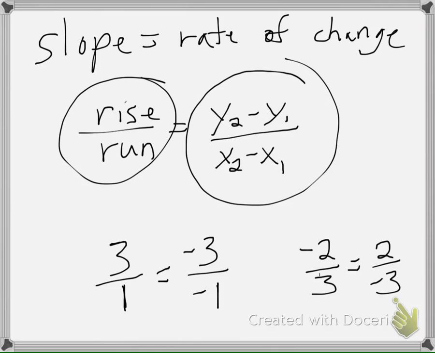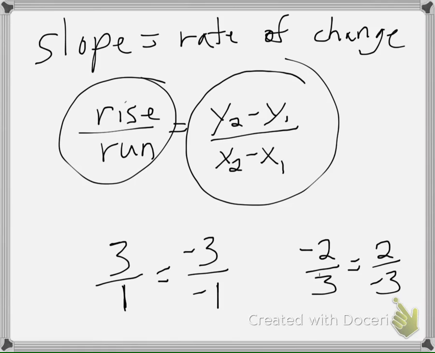It doesn't matter which one, because going up and to the right is the same thing as going down and to the left. Either way, you're getting to the same points, right? Same thing is true down and to the left and up and to the right also get us to the same point. So, positive slope is the same as a negative divided by negative. Negative slope is a negative divided by positive, or positive divided by negative. So you need to know that about slope.